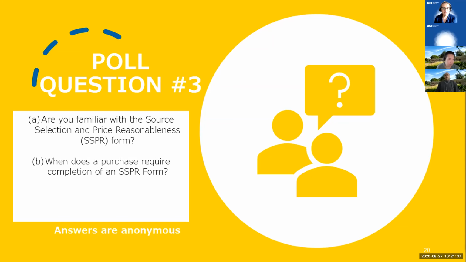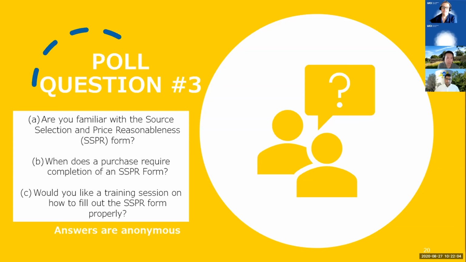And this one is multiple choice, and your options are for all federally funded purchases greater than $10,000, or for all federally funded purchases greater than $100,000, or when the project is not competitively bid and is not a contracted supplier, all of the above, or none of the above. And then if you scroll down, you'll see that the third question is, would you like a training session on how to fill out the SSPR form properly?